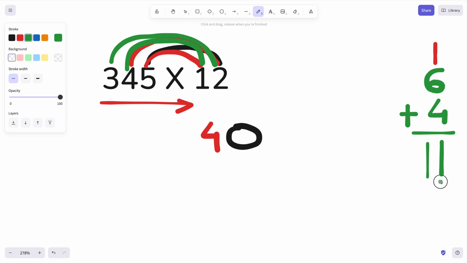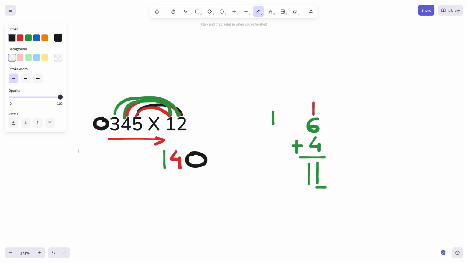So take 1 from the units place and put it here. The other one stays. Now, oh, we never added zeros. That is bad. First, we need to add 2 zeros for the number. So let's go ahead and do that.